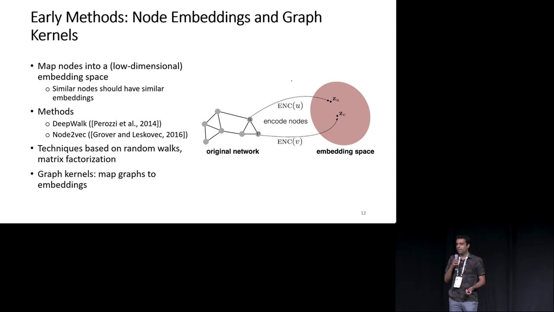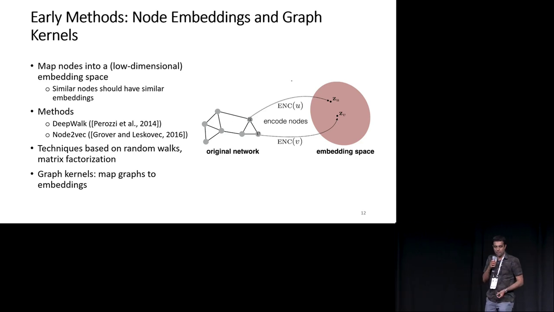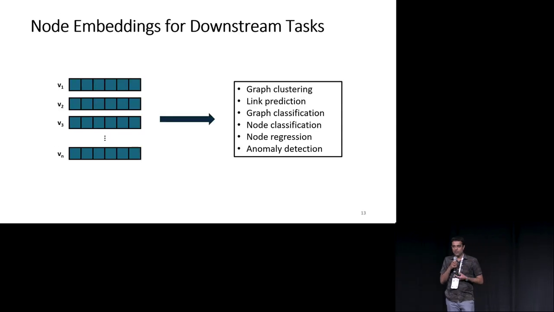And you want the property that similar nodes have similar embeddings. There were works like DeepWalk and Node2Vec, which essentially produced node embeddings. And graph kernels are similar, except you embed on the graph level. The idea is that you have some machine learning task. You can basically pre-process the graph, produce these node embeddings, and use them for various downstream tasks.